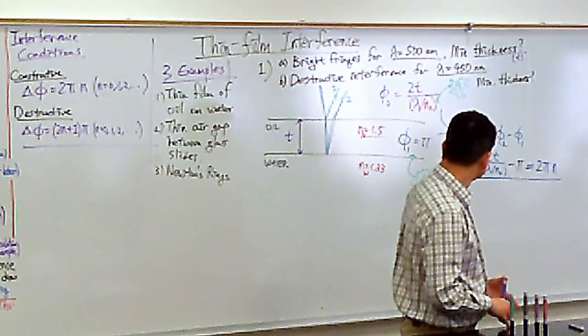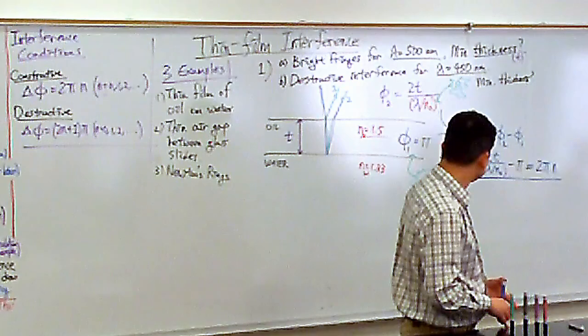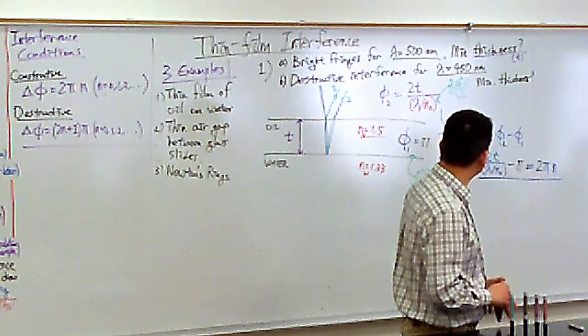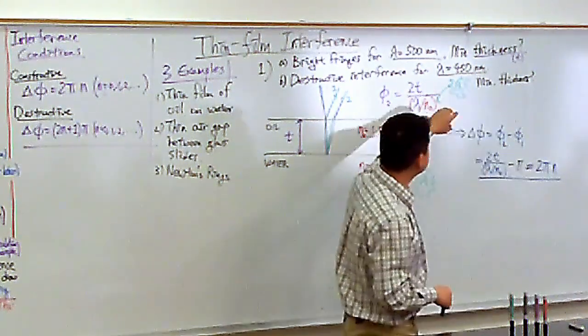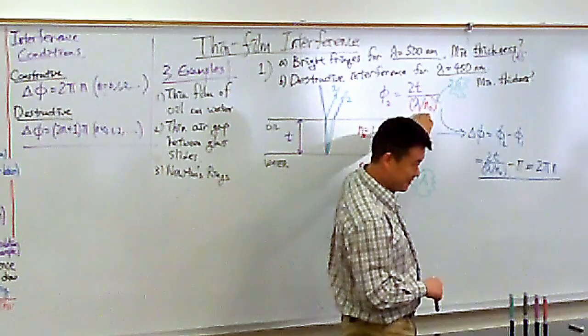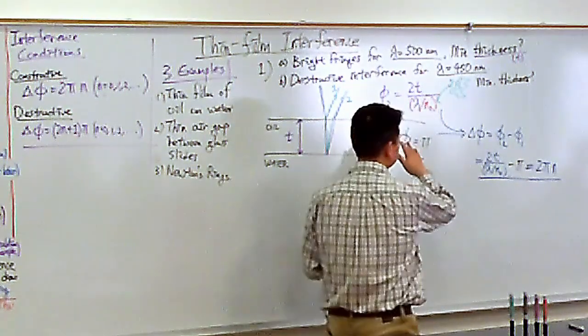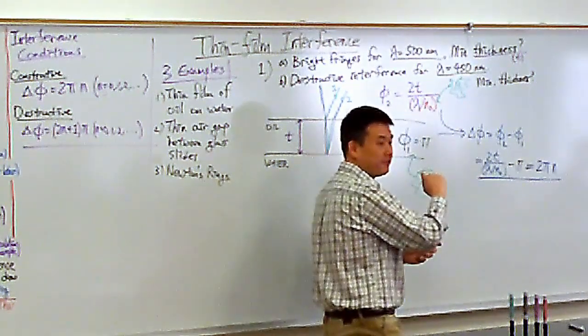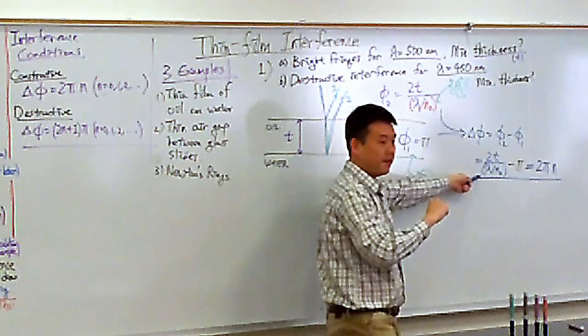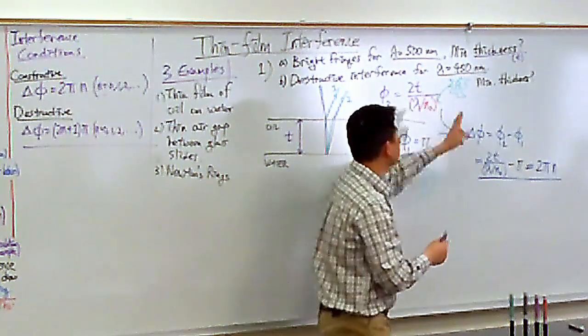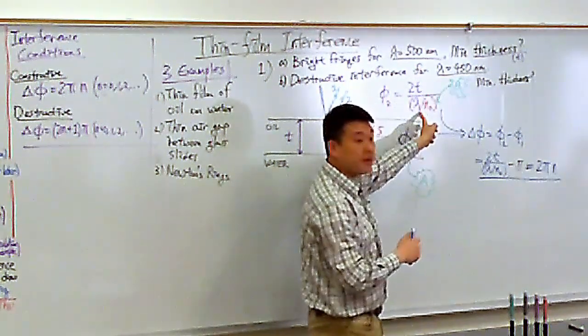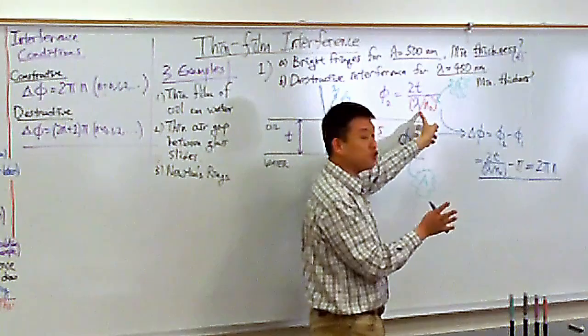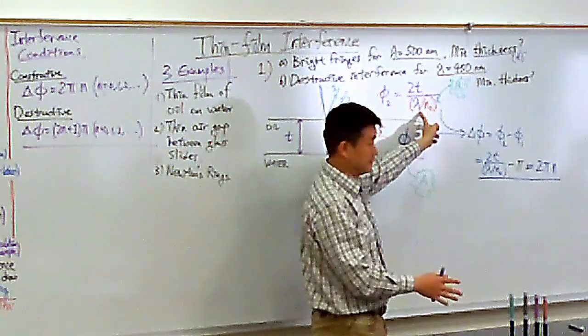2 pi multiplied by 2t over lambda? Oh, you're right. So this is in the units of cycles. Is that clear to everyone? Why this needs 2 pi? This 2t over wavelength gives you the phase shift in units of fraction of a cycle.